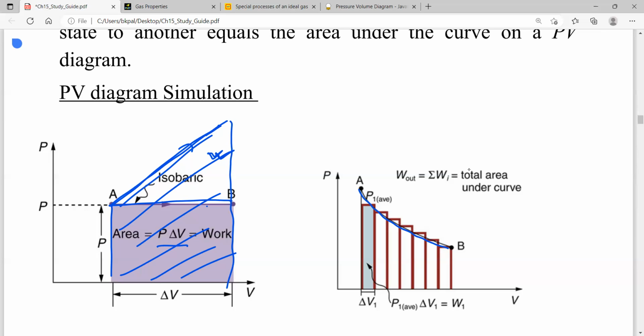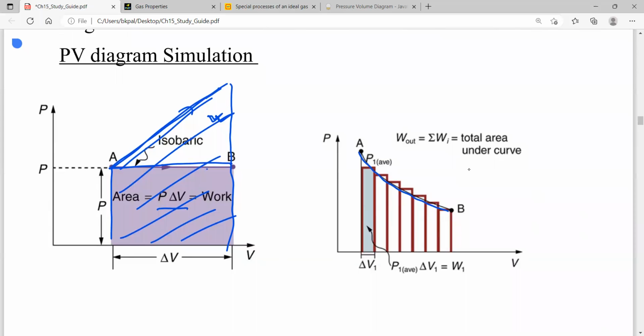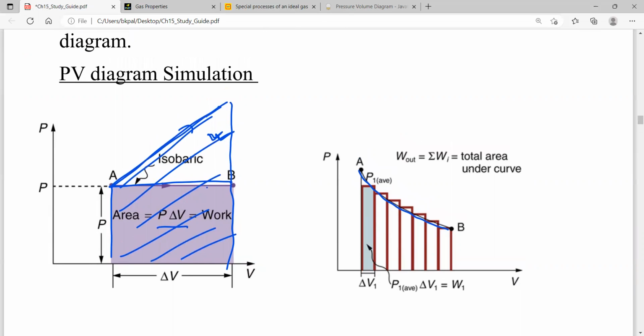So if you have a curve like this in the second graph, you have to break it into small rectangles, determine their areas and add them together. That's how we get the area under a curve. And the area under a simple straight line is either a rectangle, a triangle or a trapezoid, which is easy to determine.